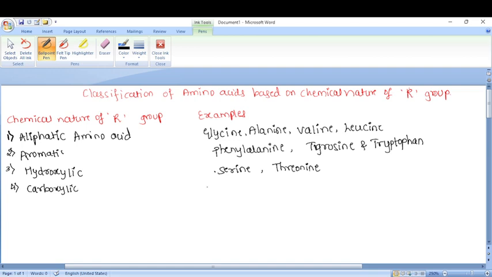Examples are aspartate, glutamate. Next one, sulfur containing. Examples for the sulfur containing amino acids: cysteine, methionine.